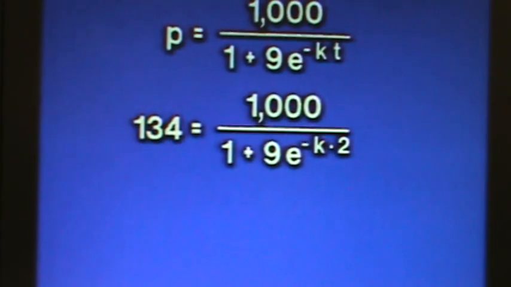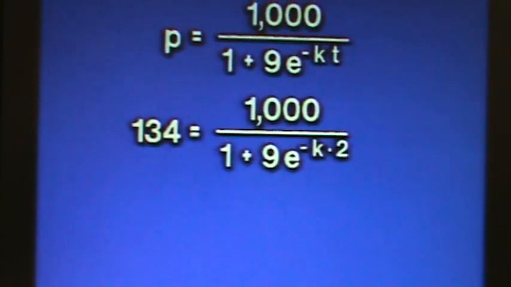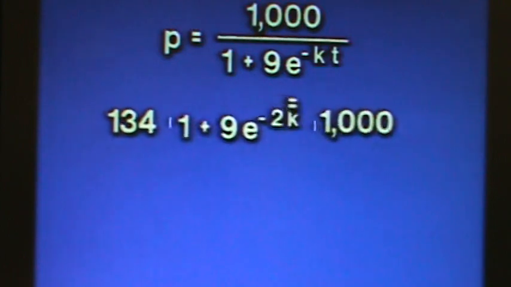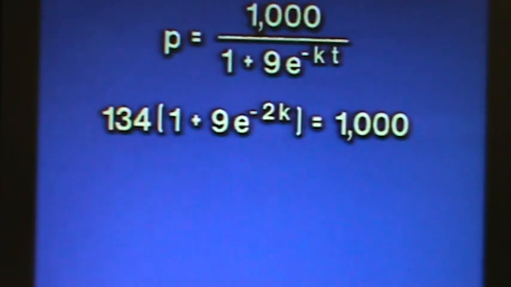Once we've done that, we notice first of all that the exponent on e in our denominator, negative k times 2, would probably be written as negative 2k. Now, to clear the fraction on the right side, we'll multiply on both sides by that denominator, giving us on the left this product. On the right, of course, the fraction clears.